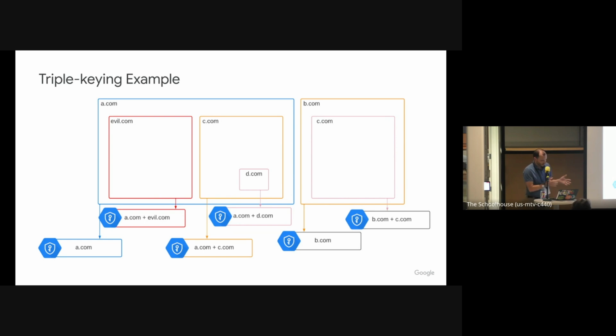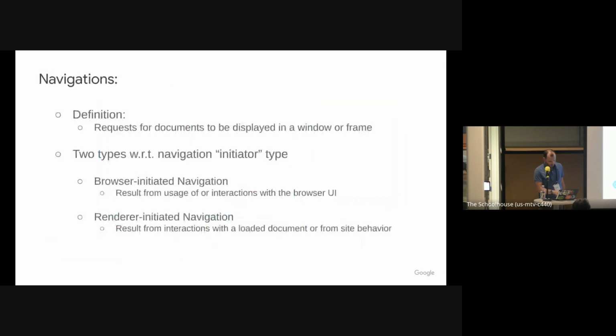And you can see it has a different cache key than the c.com iframe since it has a different frame site. And so one thing to note is that these cache keys are used when fetching resources from these contexts. And we'll see later that for navigations, things work a little bit differently.